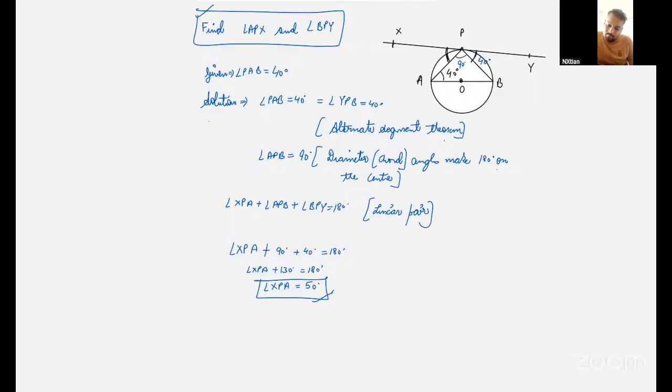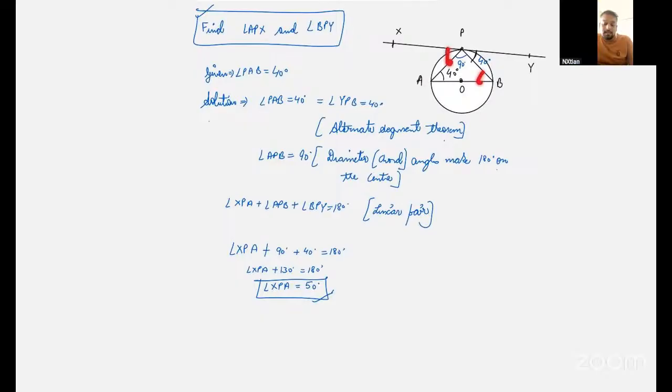So I'm saying the PB chord makes the angle PAB, which is on the circumference, and the tangent makes the same angle with the same chord PB. So this angle and this angle are both equal. Understood? This angle will become half, which is 90, and this angle is equal to it.